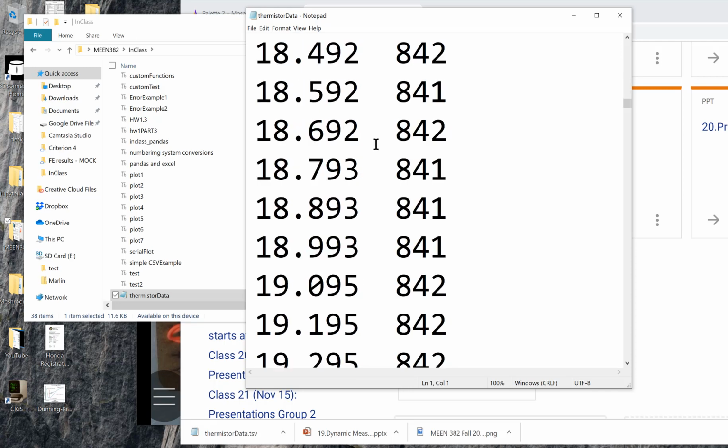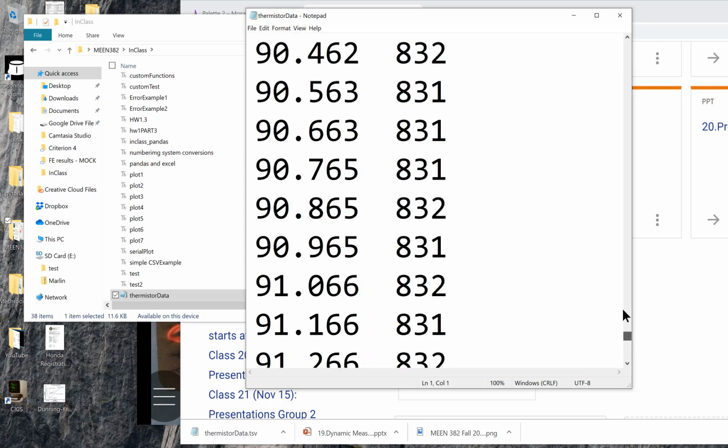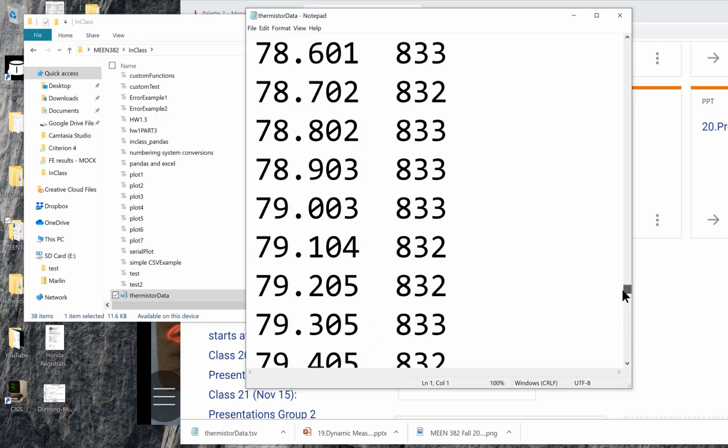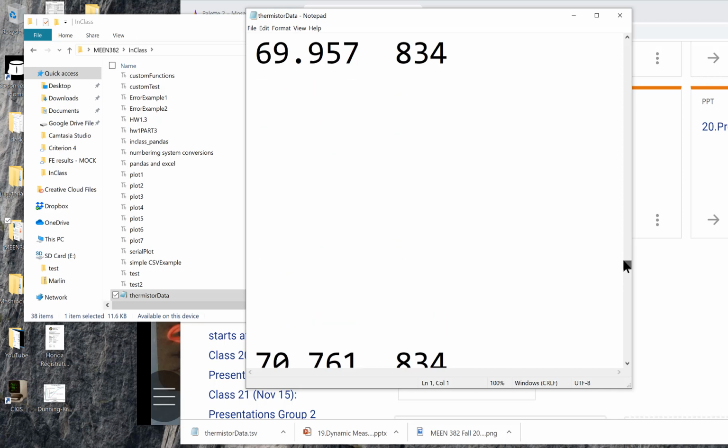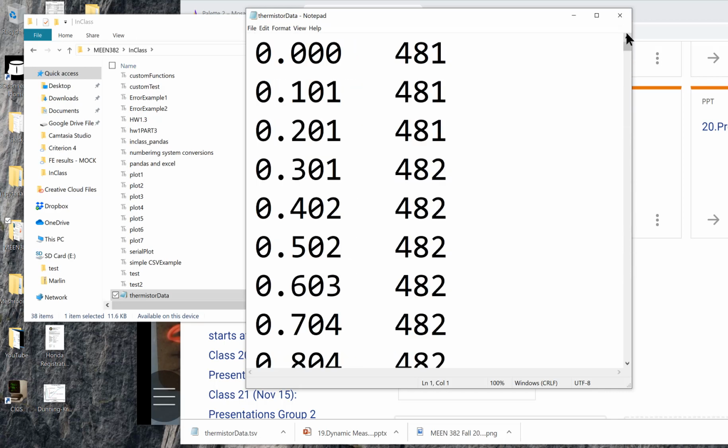So we've got a whole string of that data, and what this is, you can see the temperature. It's not temperature, but the analog read value related to temperature ends up in the 800s, started in the 480s. So there's some change there.